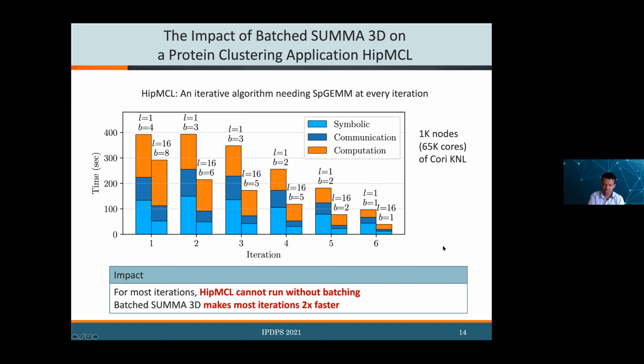We can see that if we run this without batching, then we cannot perform this application, because in all iterations, we need batching since we don't have enough memory to store it. And for every iteration, we observe that this combination of memory efficient and communication avoiding algorithm makes every iteration about 2x faster.